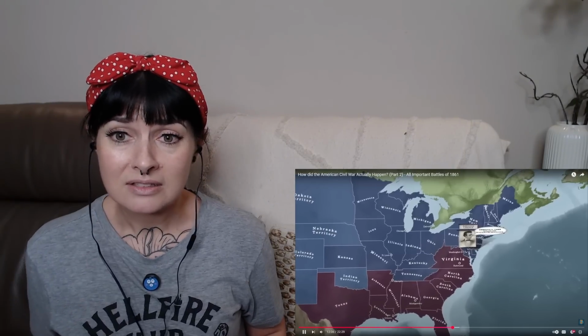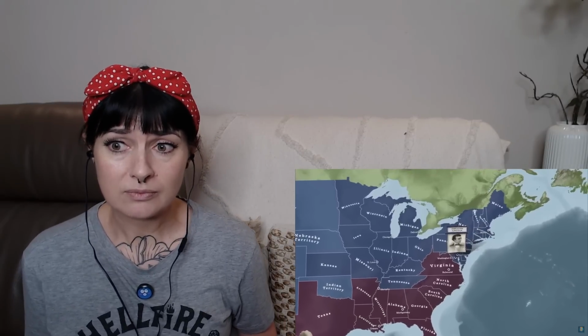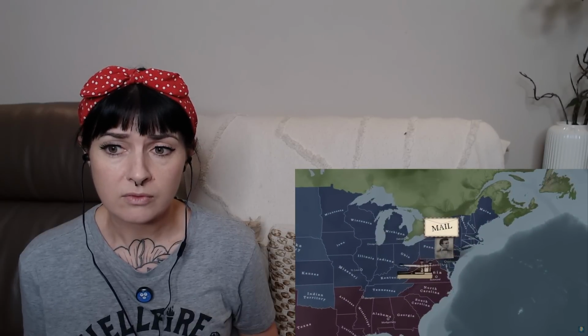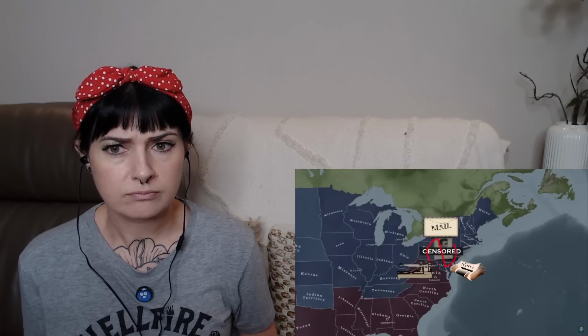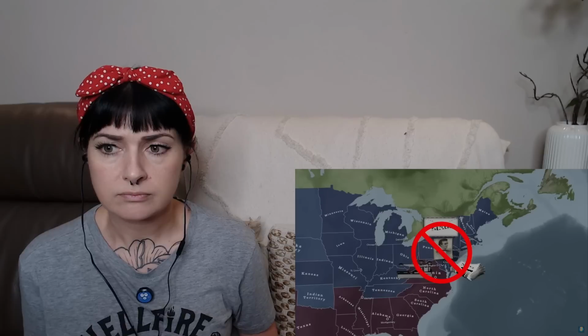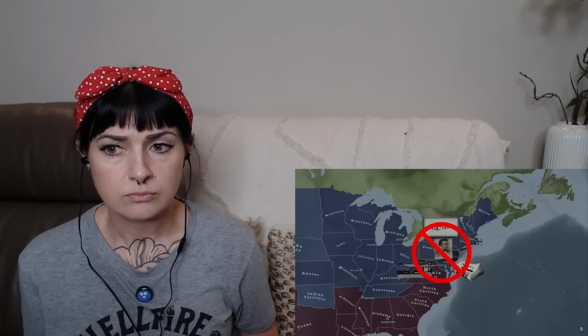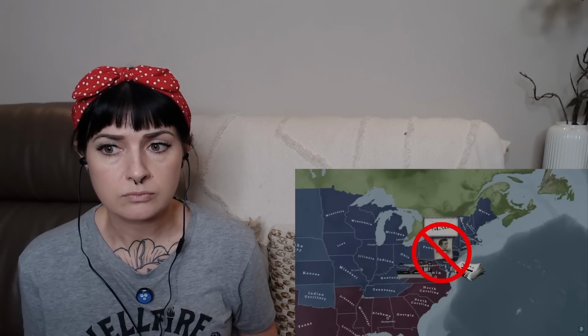A crackdown on dissension wasn't entirely unpredictable, but would prove to be an infringement on the First Amendment rights of many Americans nevertheless. Mail, telegraphs, and the press became regularly censored, and at times even silenced. Meanwhile, anyone openly showing support for the Confederates was at risk of being arrested.